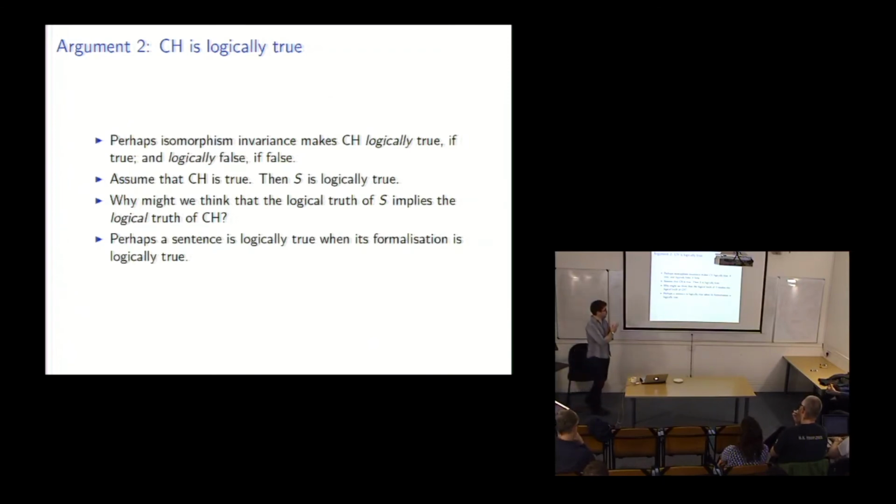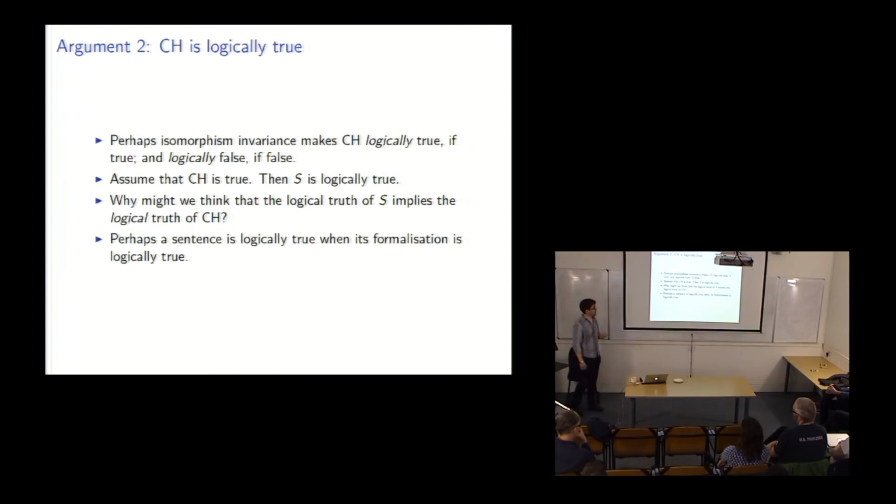So I'm going to think about two ways that we might worry about the continuum hypothesis coming out as logically true on this account. So first of all, maybe here's what you think. Well, a sentence is logically true when its formalization is logically true. That sounds pretty good. That's the sort of thing we teach our students. And, of course, the continuum hypothesis here is a claim in a technical fragment of natural language.